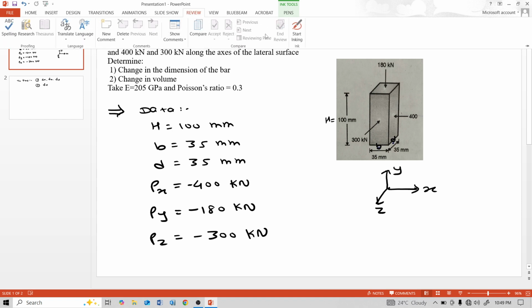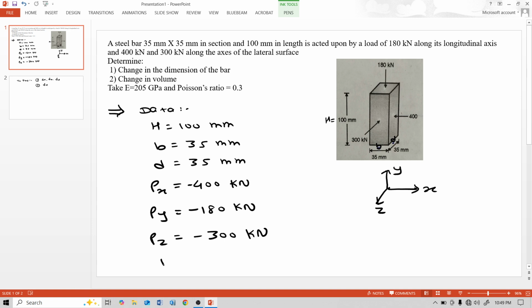Capital E, modulus of elasticity, is 205 gigapascal, that is 205 into 10 raised to 3 megapascal. And Poisson's ratio is 0.3.